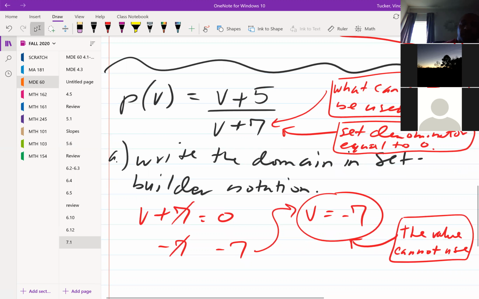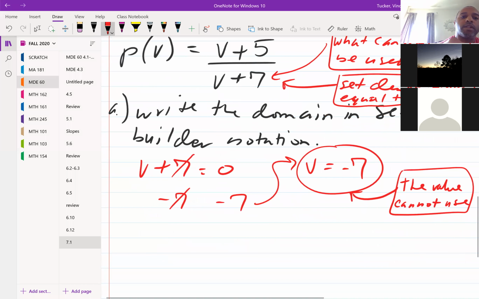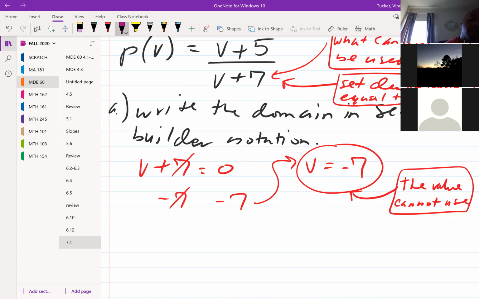All right, so before we write it in set builder notation, questions on anything that was said so far? All right, so set builder notation.